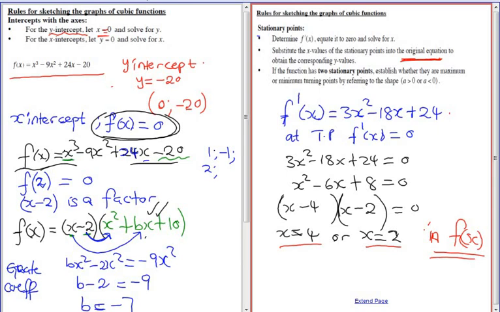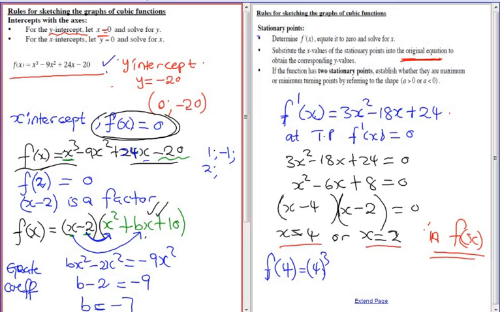So to get your y values, you're going to have to say function of 4. What I mean by function of 4 is wherever there is x, go and put 4 in the original equation, which is again over here to your left. That is where we are substituting, the original equation.